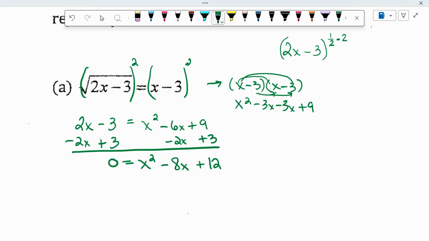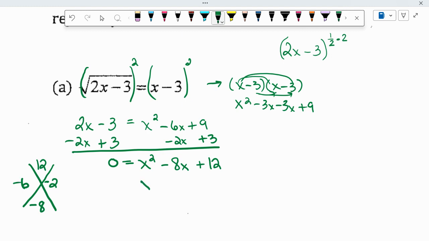So do you want to factor this or use the quadratic formula? It factors nicely. What are 2 numbers that you can multiply together to get 12, that when you add them, you get -8? 6 and 2. They both have to be what, Colt?